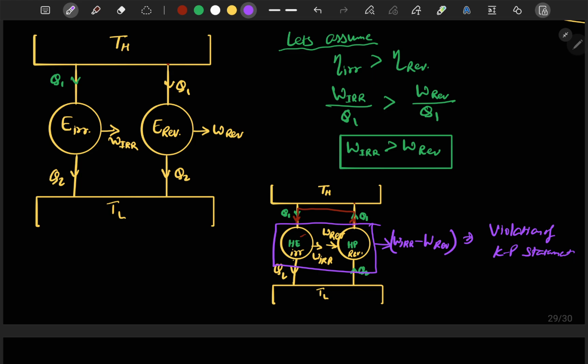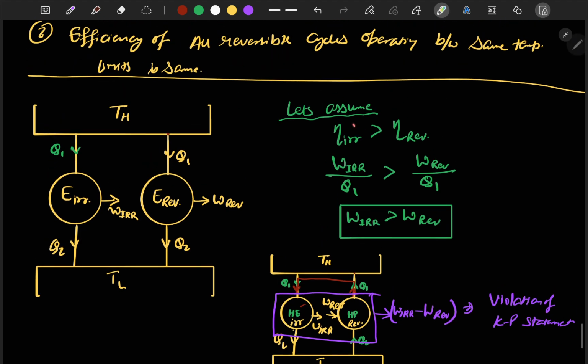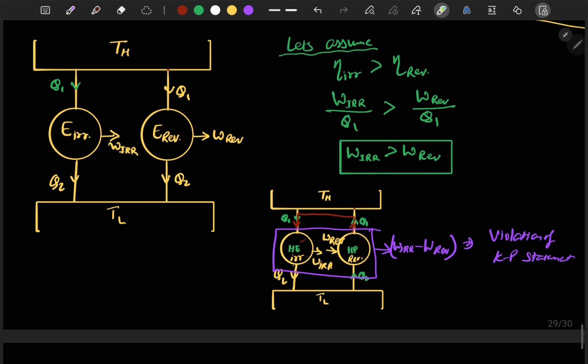We can say this diagram has been reduced such that a system interacting with a single reservoir at a single temperature is continuously producing work output. This itself is a violation of the Kelvin Planck statement. So eta irreversible cannot be greater than eta reversible. We have verified this.